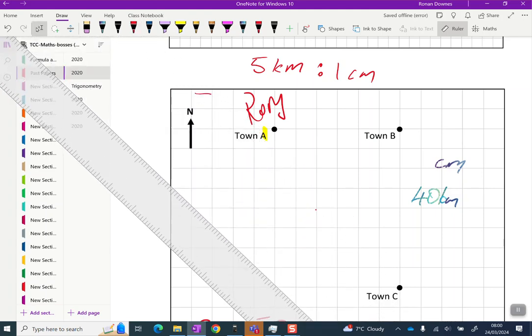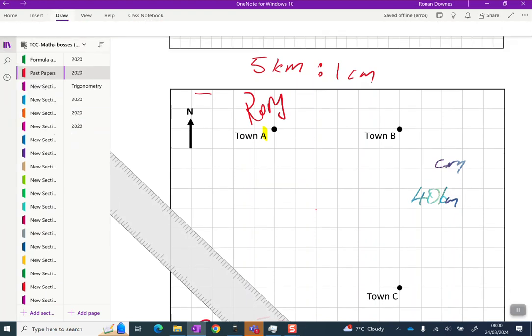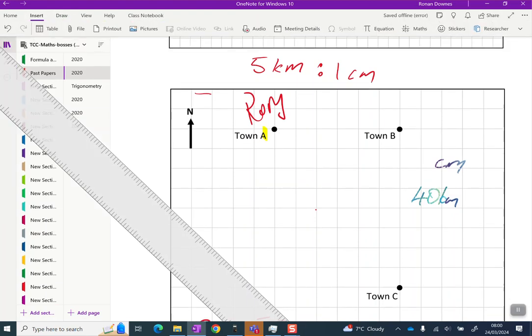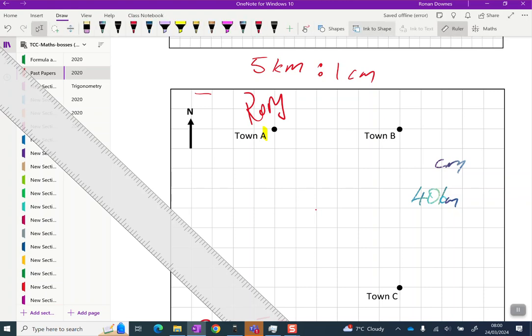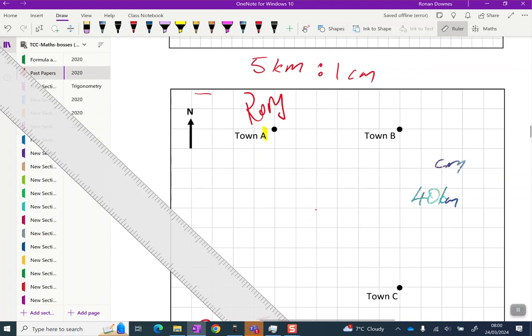I don't have a compass that I know of. Oh, hold on, draw. I do. Let's see, insert. Yeah, there are shapes here that I'll be able to use to actually do this. I've done it before, but let's see how I can figure it out. So I'll just use a circle. I think there's something about holding down shift to keep it circular.